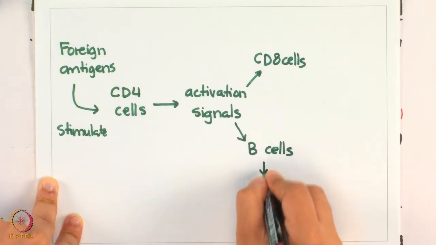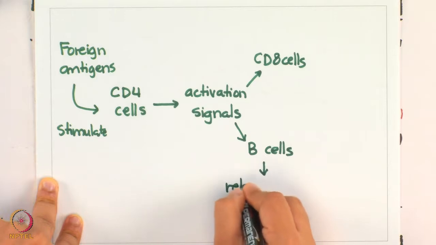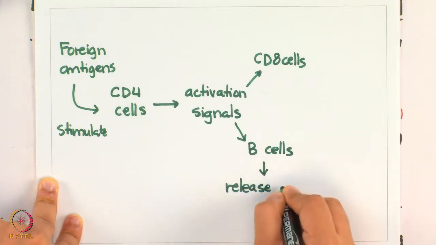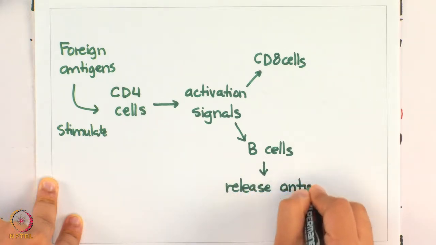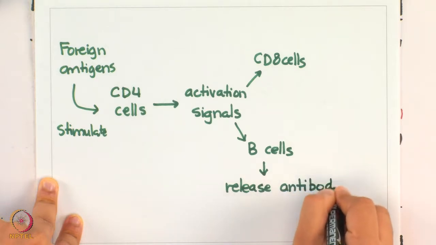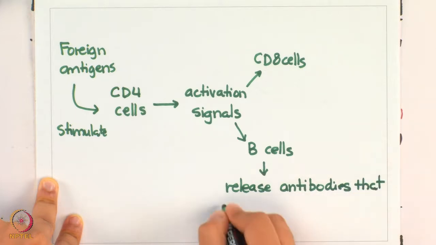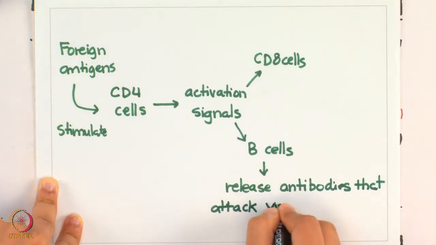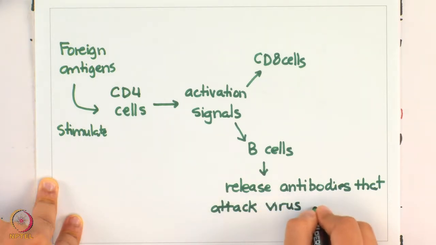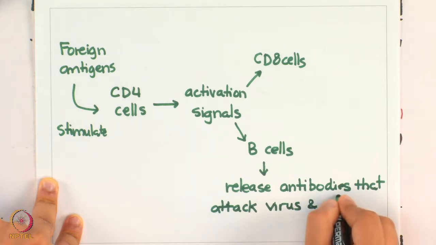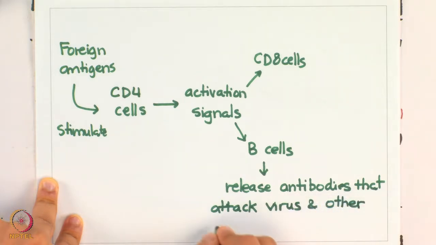The role of B cells is to release antibodies that attack the virus particles and other infectious agents in the body.